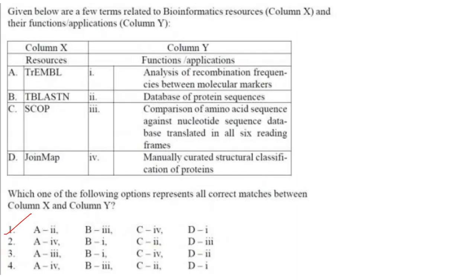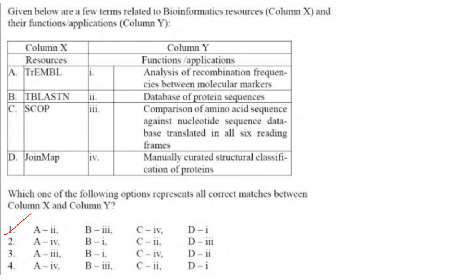Then given below are a few terms related to bioinformatic resources, column X, and their functions or applications in column Y. Which of the following options represent all correct matches between column X and column Y? TrEMBL is a database of protein sequences.